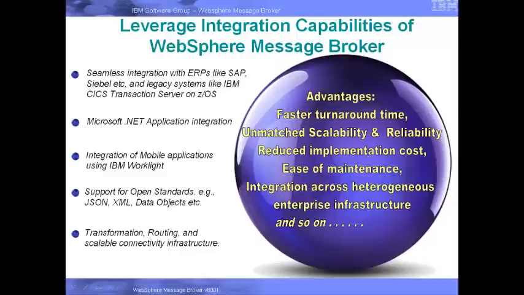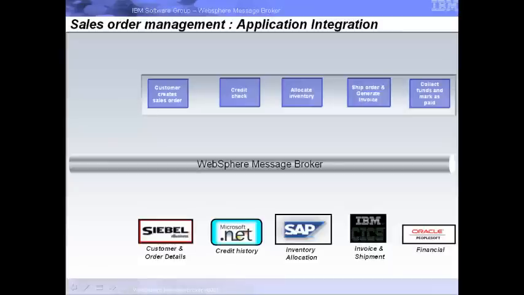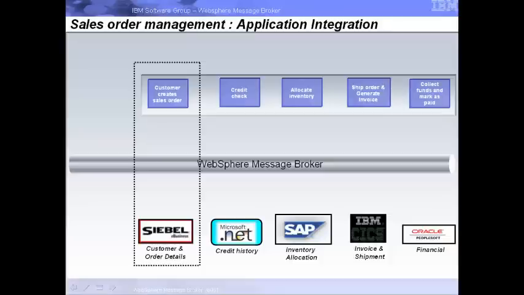the game. This slide displays how WebSphere Message Broker fits into the sales order management system to integrate a diverse set of applications. Every application creates a request message and sends the message to the respective input queue.